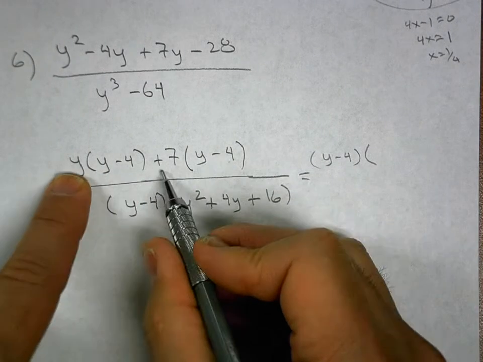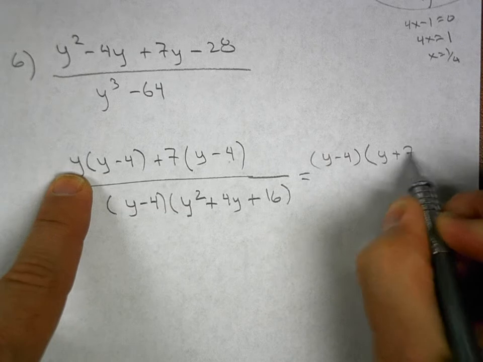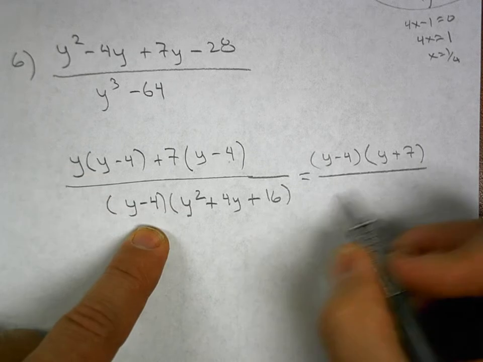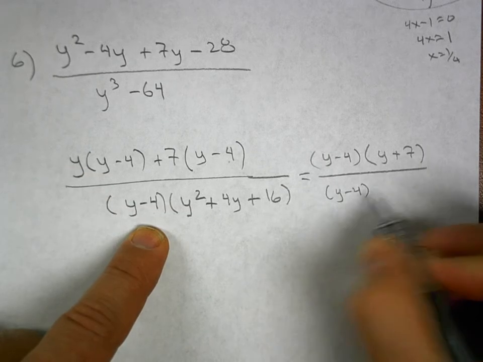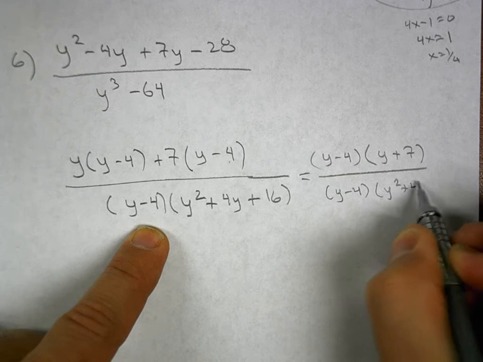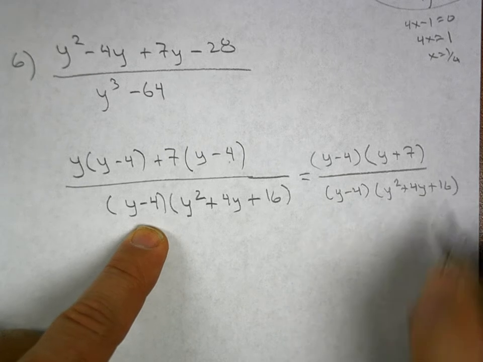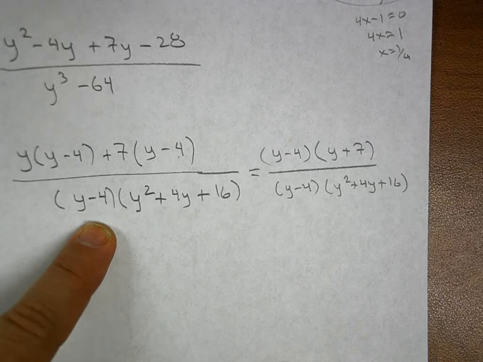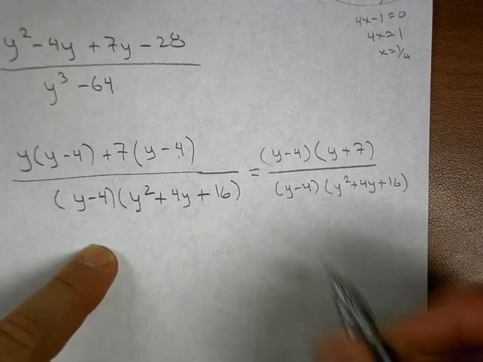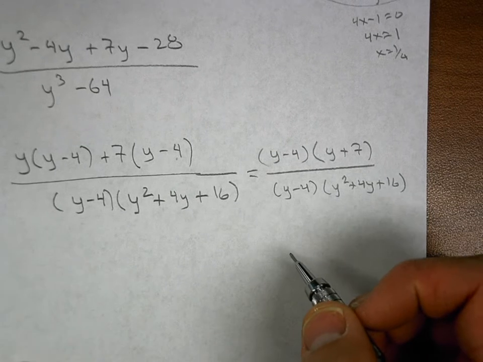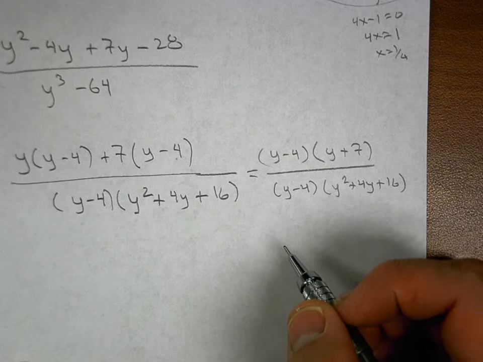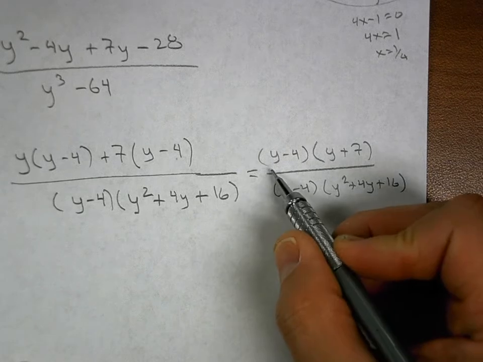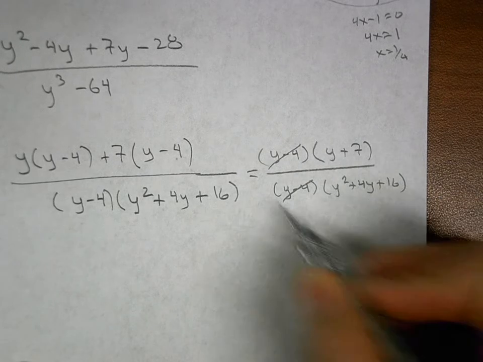Over, I'll just recopy this, y minus 4 times y squared plus 4y plus 16. Okay, now what? Cancel out a y minus 4, y minus 4. Factors there. Leaves a 1 and a 1.